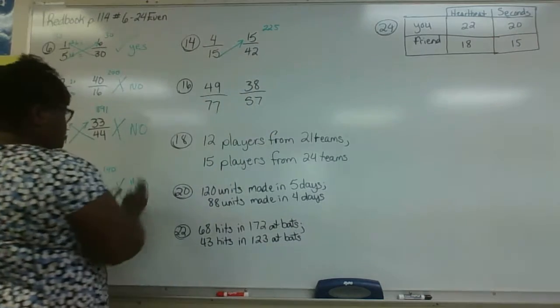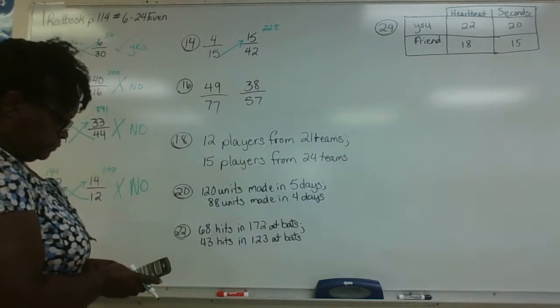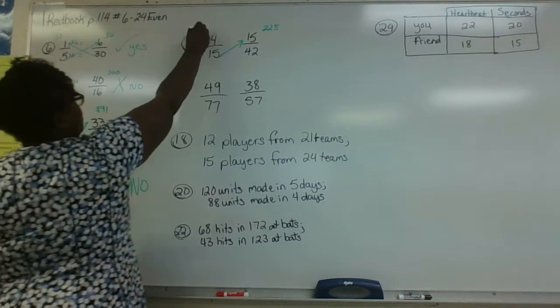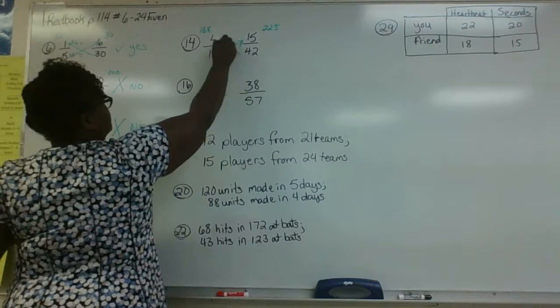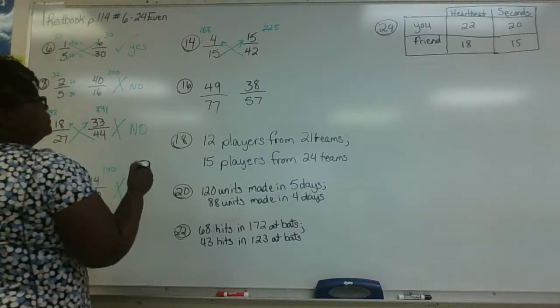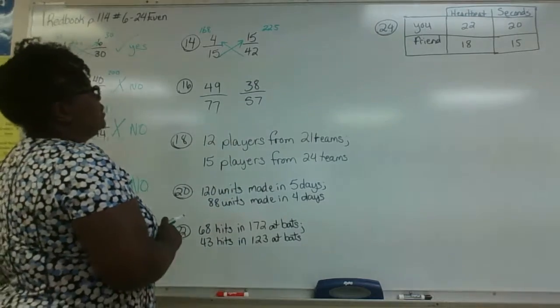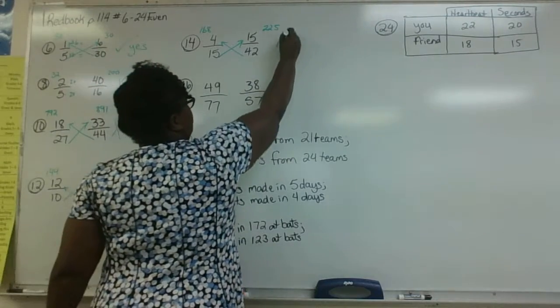Okay, now 42 times 4, and we get 168. Okay, all right. There is no number in between to convert one to the other. Therefore, this is also a no.